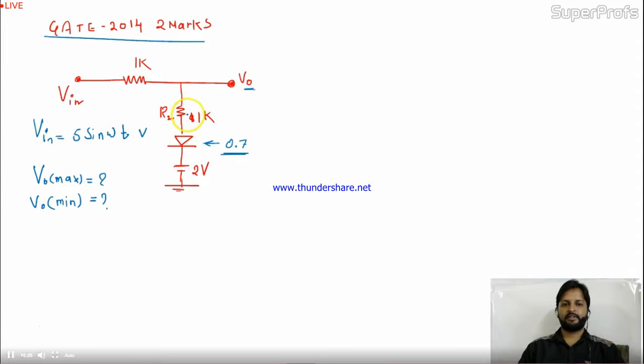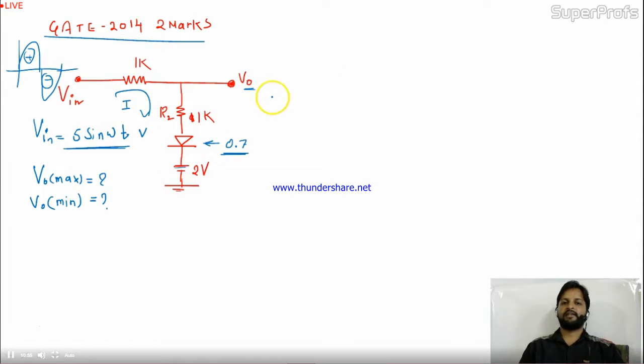So for this particular circuit, V in is given 5 sin omega t, right? So friends, see, can I find out the current in this circuit? Let's take the current I. The diode is working initially, right? If diode is short circuited in the positive half cycle, obviously it will be in forward bias if the value across this point is greater than 2 volt, right?